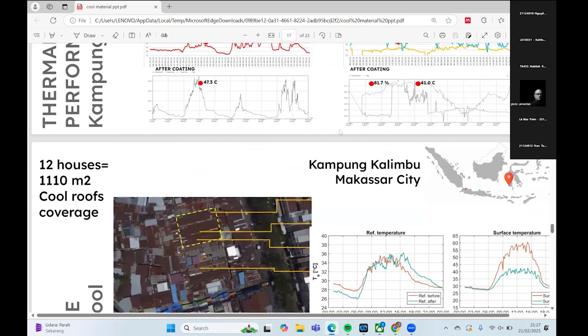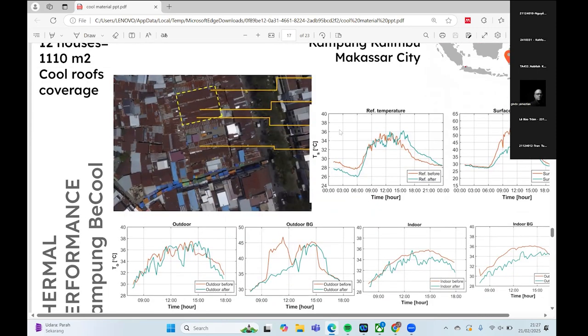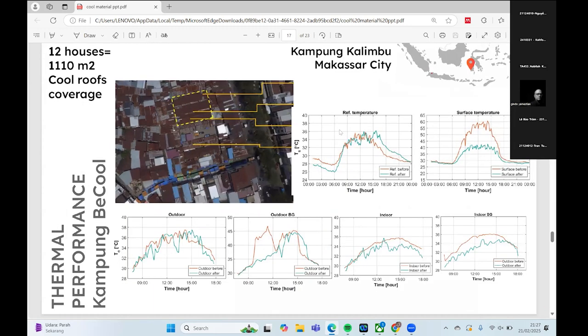This is another project in Makassar City in Sulawesi. Makassar City is very unique compared with the other cities.